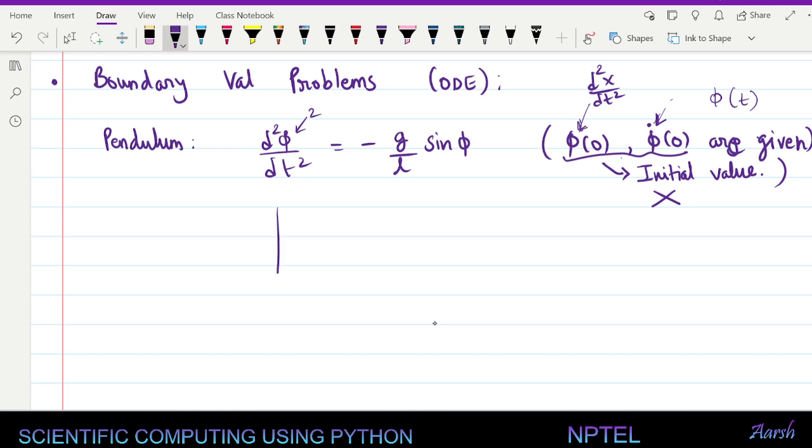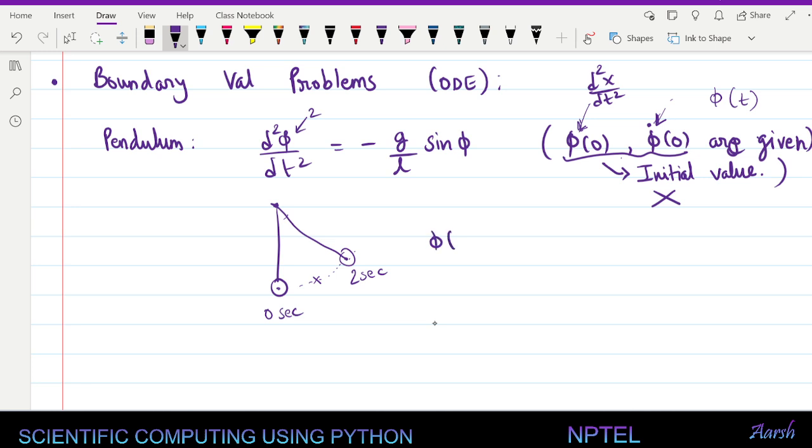What we are asking is that we have a pendulum and an initial position, let's say it's 0, and it's a puzzle kind of thing: at 0 seconds it is here, after 2 seconds it's here. Then can you tell me where it will be later on, or even at intermediate times?